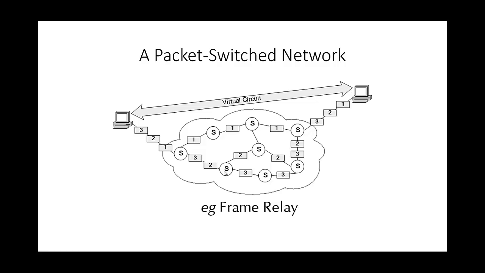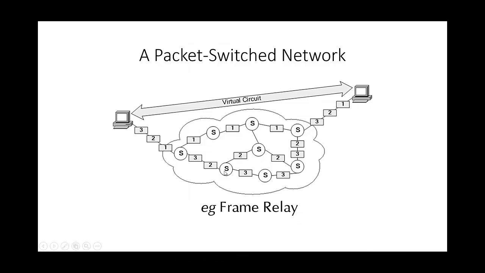A virtual circuit that is permanently established between the source and the destination is called a permanent virtual circuit, or PVC. This mechanism can be used to provide dial-up, SVC, and always-on, PVC, connections. Frame relay is an example of this kind of network infrastructure, and you'll learn more about frame relay later in this module.